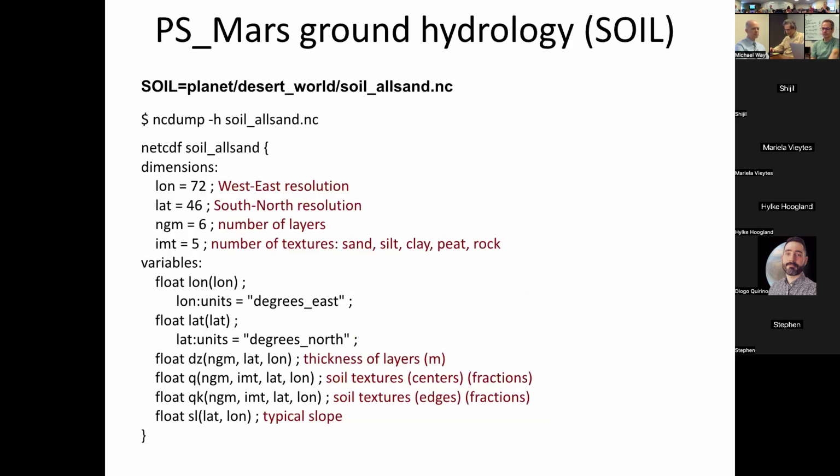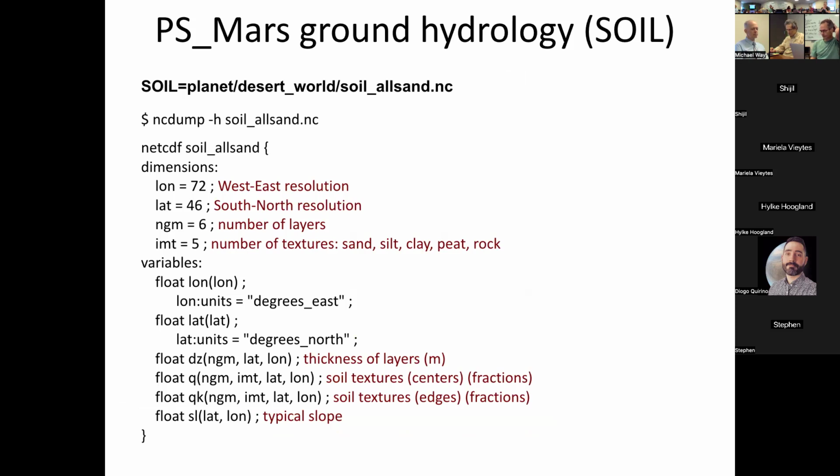Next slide. Here we're looking at the soil input file. This is just the header, as you can see, from the nc dump command, so it shows you what one has here.